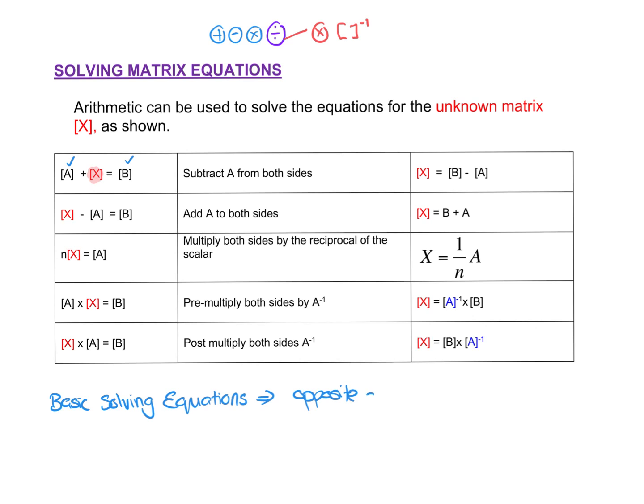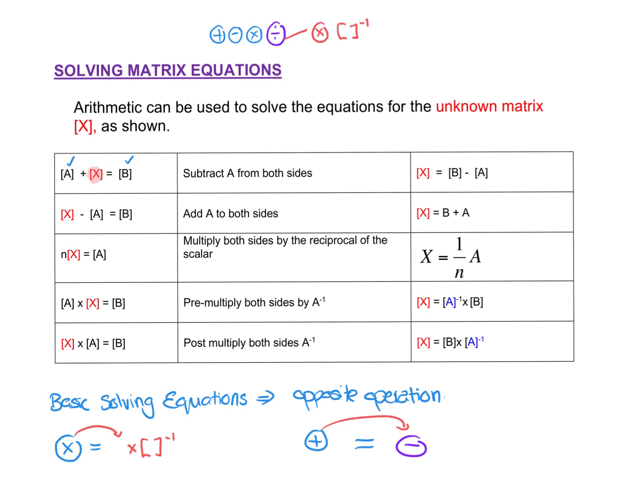What that means is if something is adding on one side of the equals, if you move it over, it'll do the opposite, which is subtracting. And the same thing if you're multiplying something on one side and you move it over the equal sign, you're going to do the opposite, which is division, but for us it's going to be multiplying by the inverse because we don't have dividing as such.